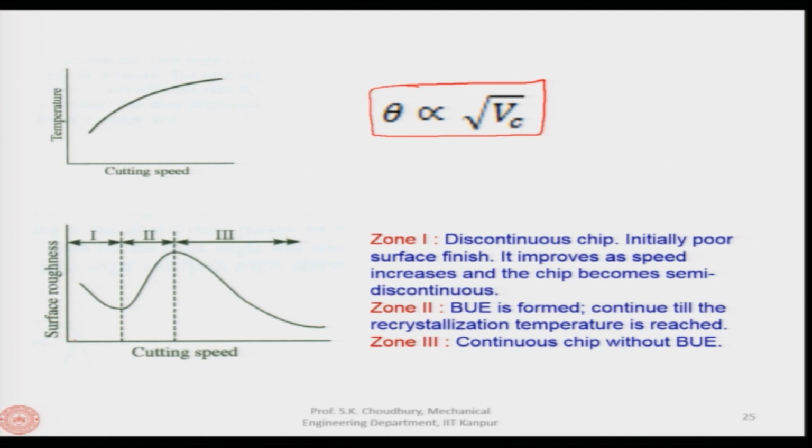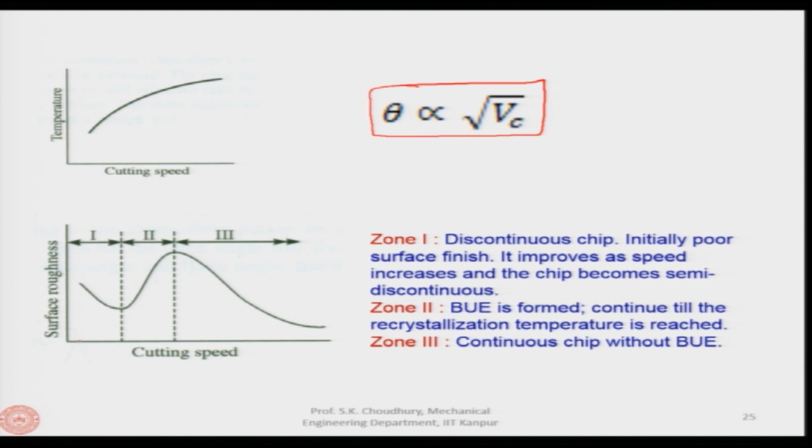Now, at a very low speed, as the cutting process starts, the surface roughness is high, because at the low speed the chips are discontinuous, and when the discontinuous chip happens, I have already explained that the surface finish is not good. So, surface roughness values will be higher, meaning the surface finish is bad.